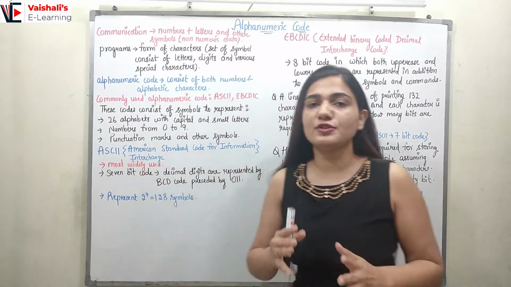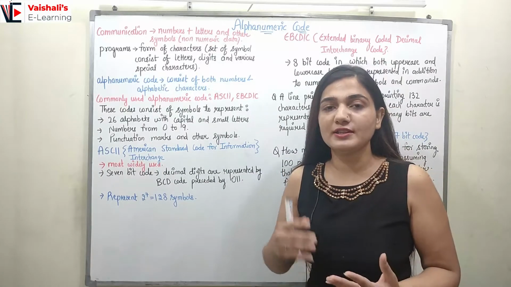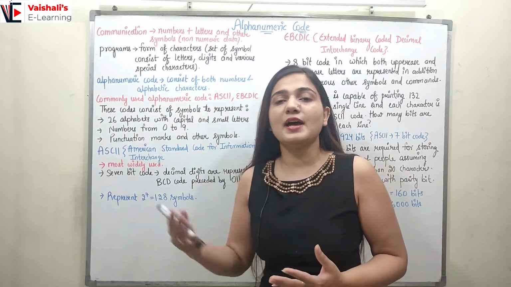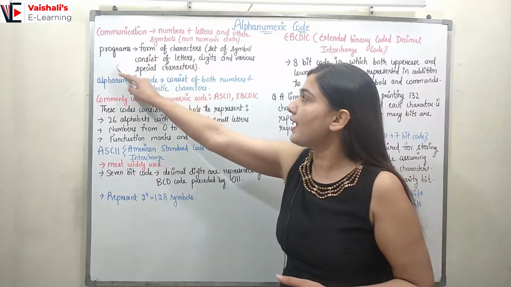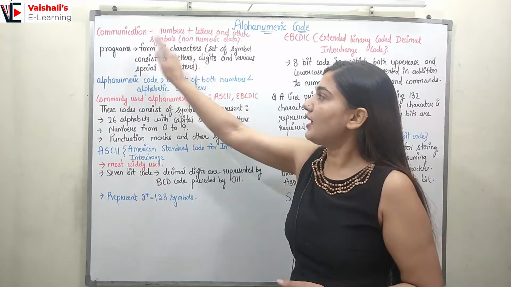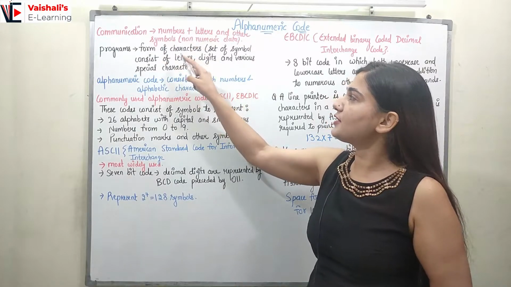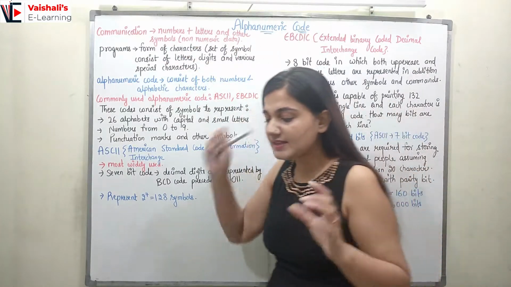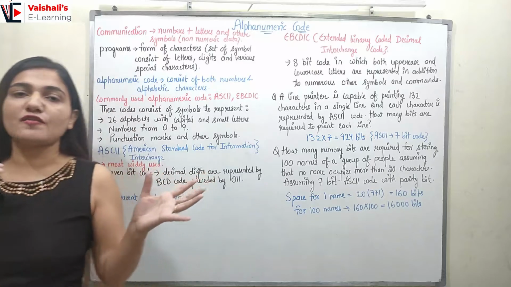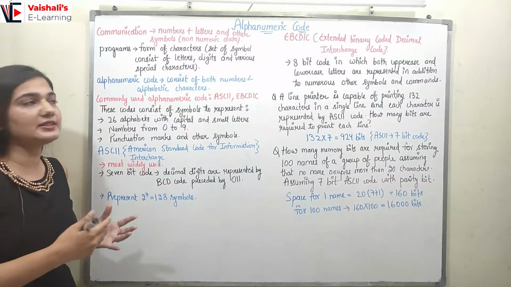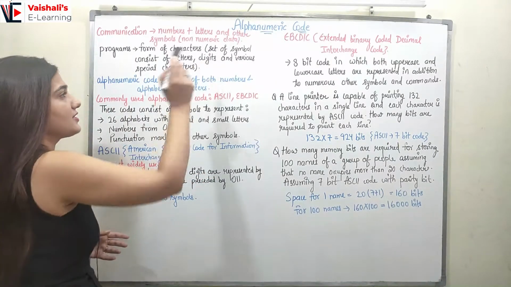So alphanumeric codes are the codes which use the alphabets as well as the numbers as well as the special characters. Now programs are in the form of characters, right? A program consists of a set of symbols, and these symbols consist of letters, some special characters, as well as some numbers or digits, right?